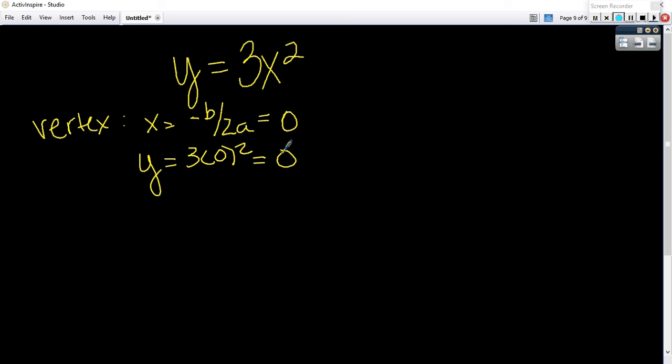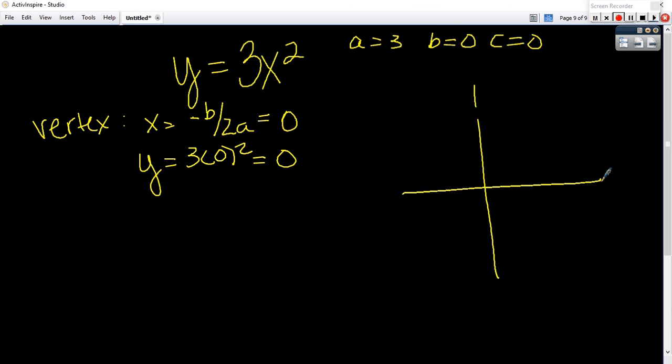Does that confuse anybody? Wouldn't that just be y equals 0? All right, so A is 3, B is 0, and C is 0. You with me? Go ahead, what? It would just be 0, right? Correct. (0, 0).